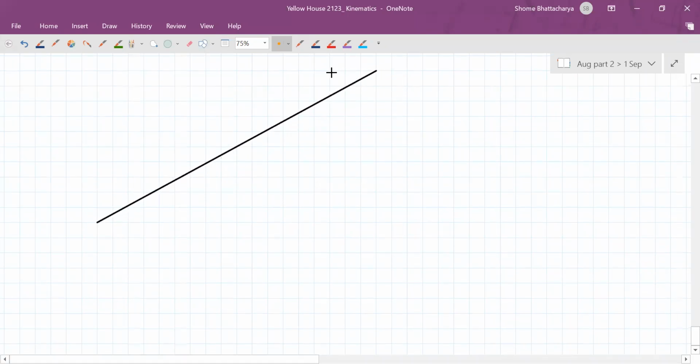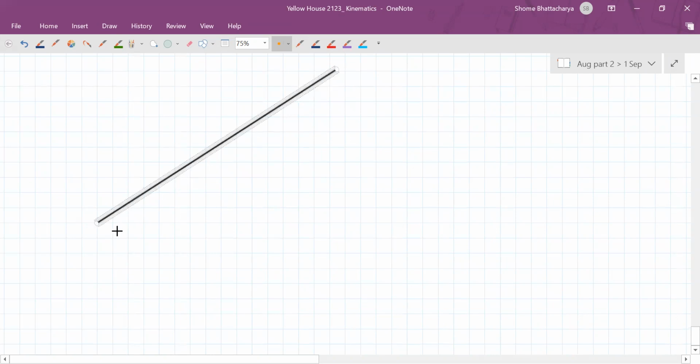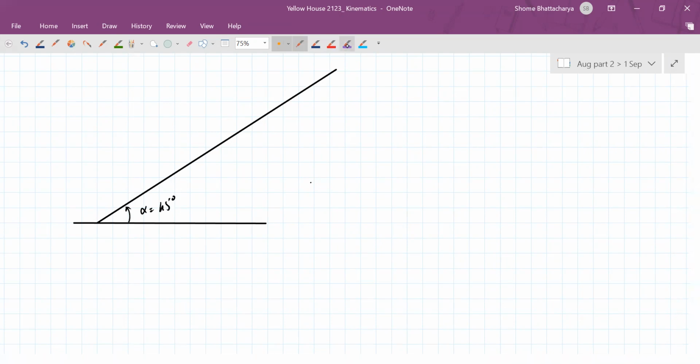So this is my inclined plane, which is at 45 degrees. And now I'm projecting my particle somewhere here, let's say.